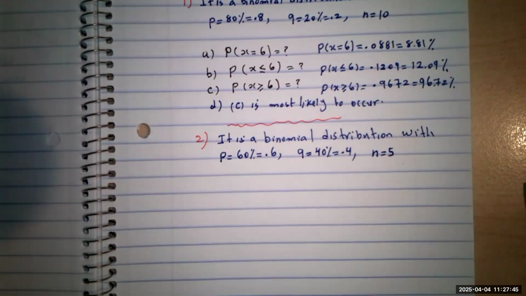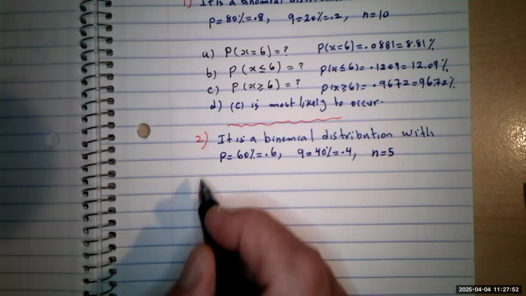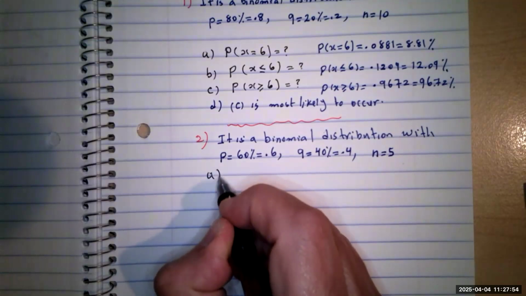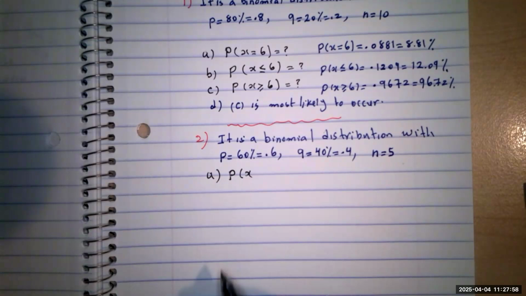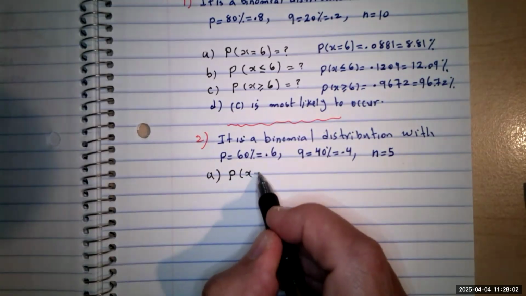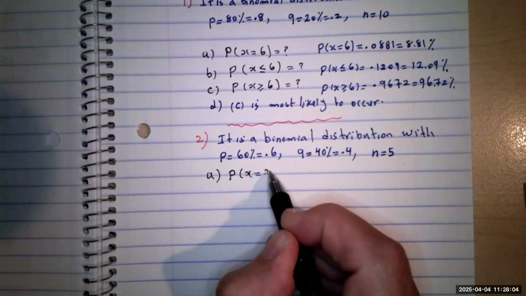Now we are going to change the problem into symbolic form. In the first part, you are interested in the probability that you get exactly 2 people. You want to find X equal to 2.